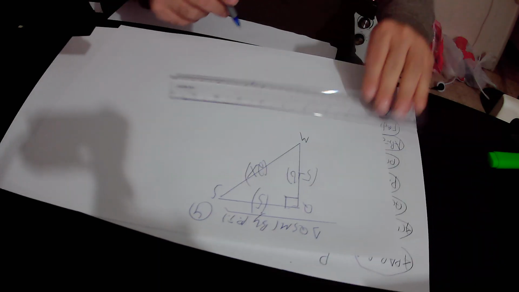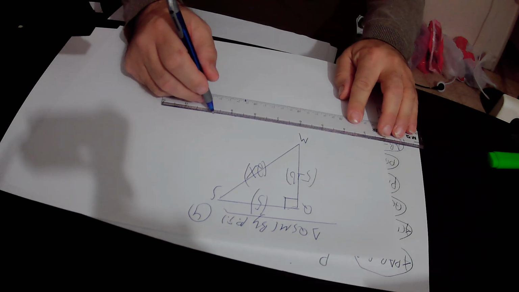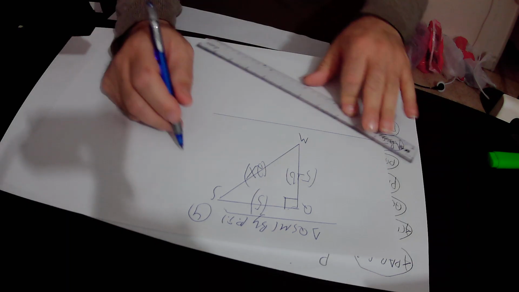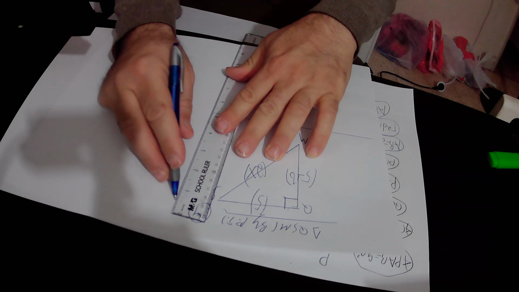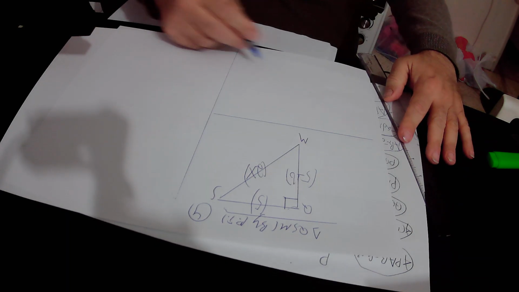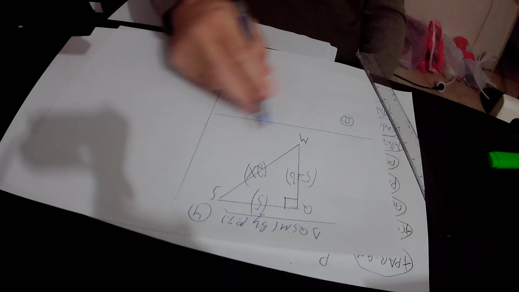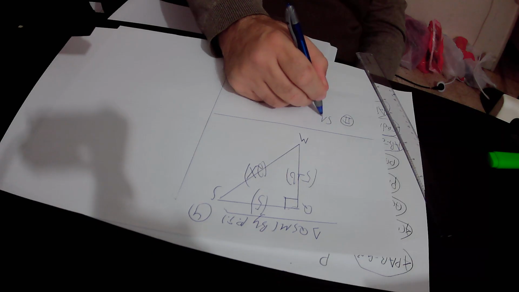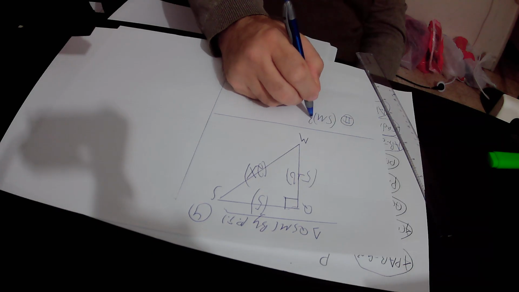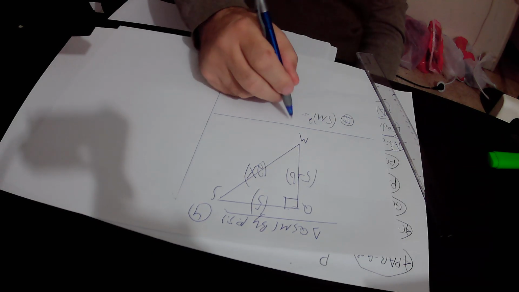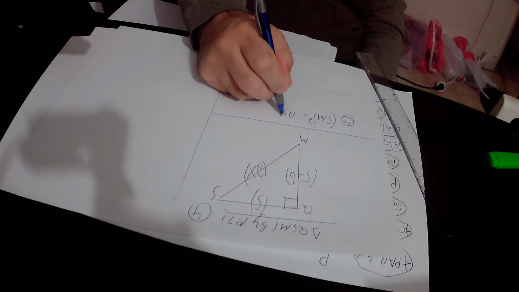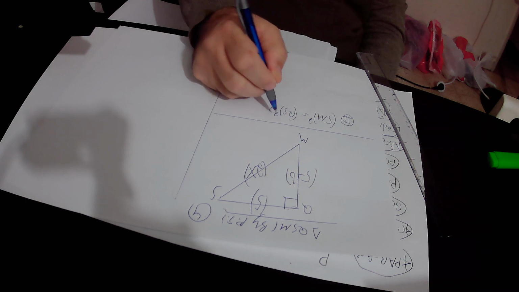So in this right triangle QSM, according to the Pythagoras theorem, we get that SM squared, that is the square of the hypotenuse, must be equal to QS squared plus QM squared.